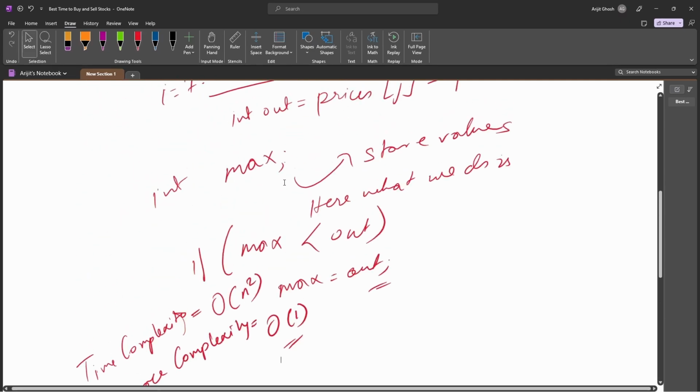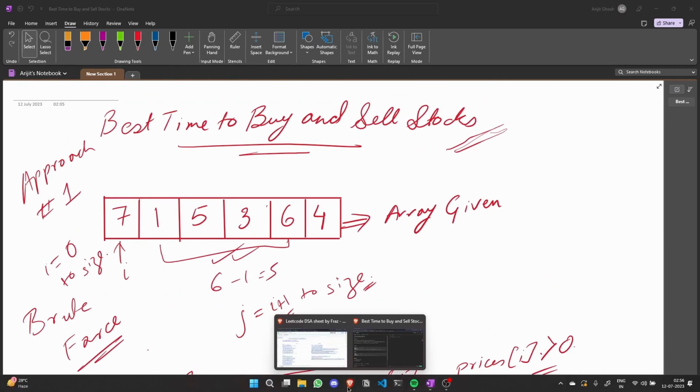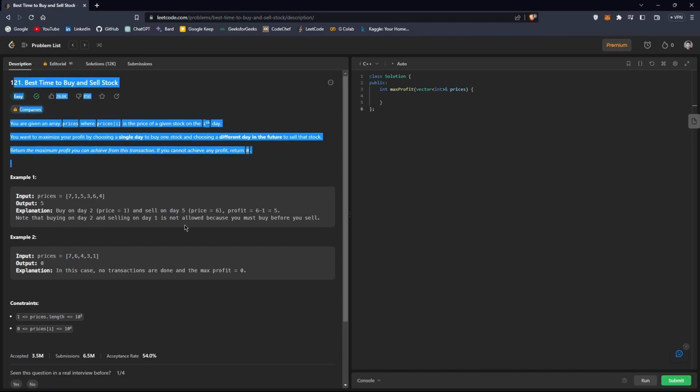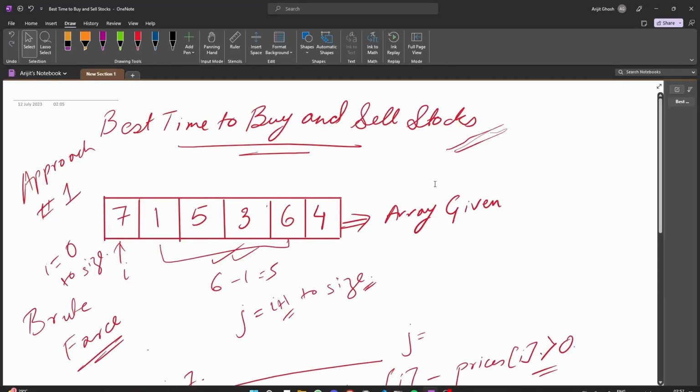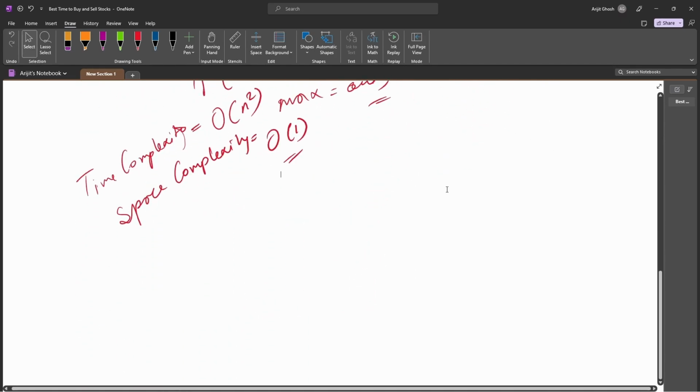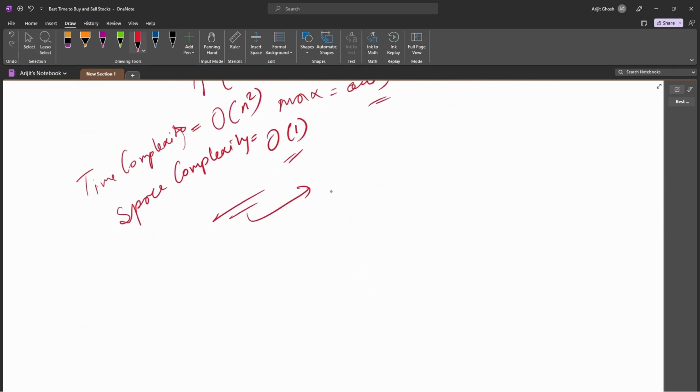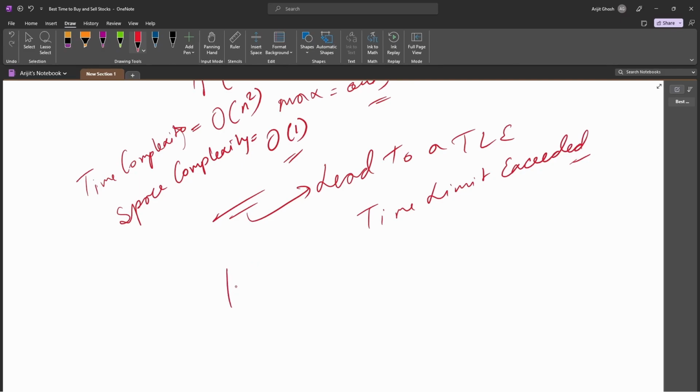Now, according to the constraints given in our question, if our solution has a complexity of O of n square, it would lead to a TLE, or time limit exceeded error, right? So this solution would lead to a time limit exceeded. If you want to experiment with this, you can check it out and try it in LeetCode.